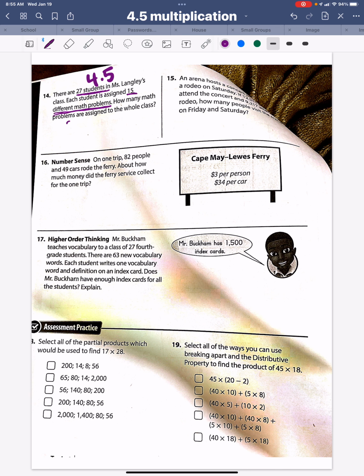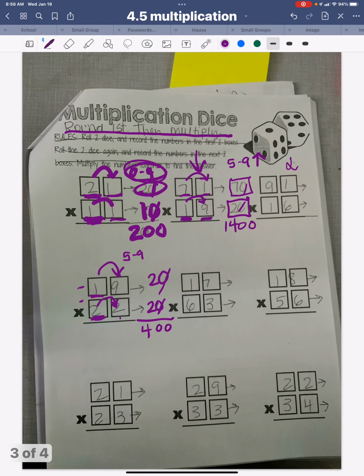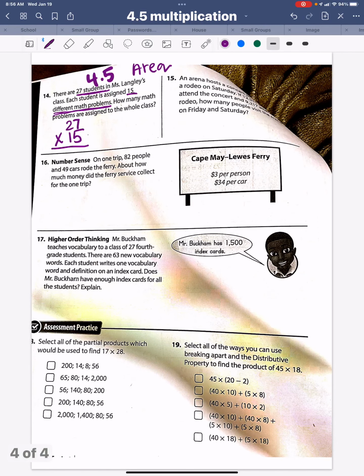So she's got 27 students times 15 problems. Everybody has to work 15 problems, right? So what we have to do is, but now remember on this one we're using the area model, okay? I know that might be a little confusing since we just used rounding and estimating, but here we have to use the area model, okay?